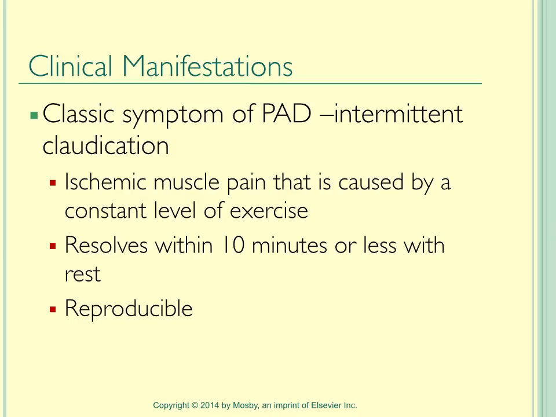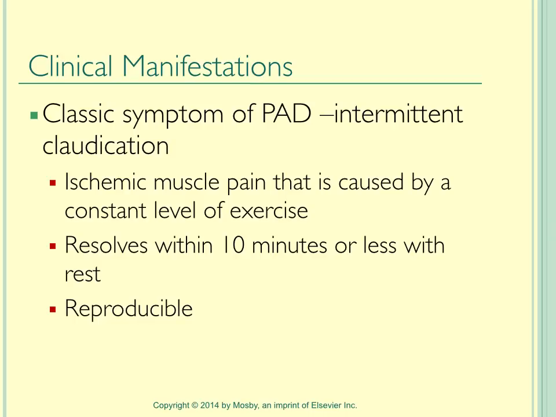PAD of the iliac arteries produces claudication in the buttocks and thighs, whereas calf claudication indicates femoral or popliteal artery involvement, and it is reproducible, so the pain can come and go.